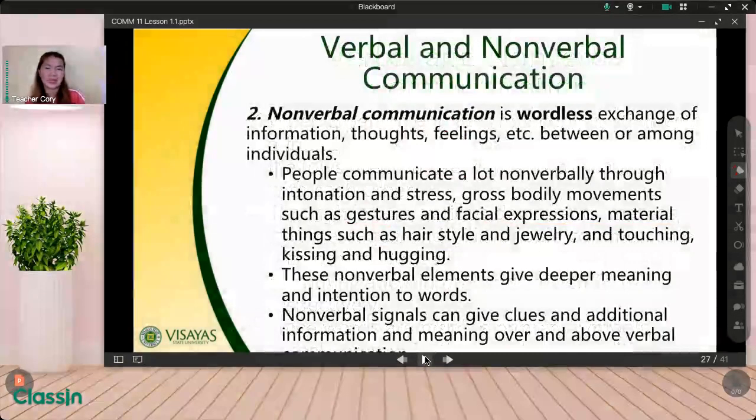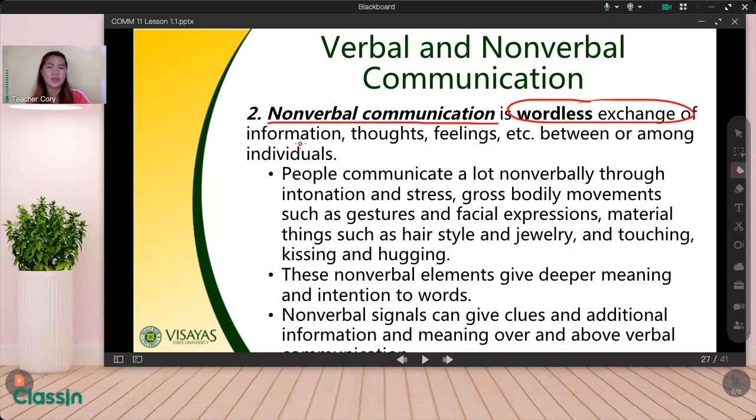So next we have number two. This is now the second type. This is the wordless exchange of information, thoughts, feelings, etc. between or among individuals. Nonverbal communication is where we communicate through intonation, stress.